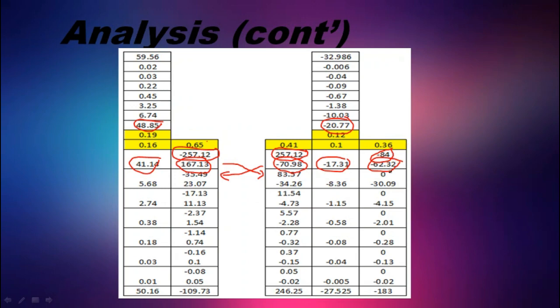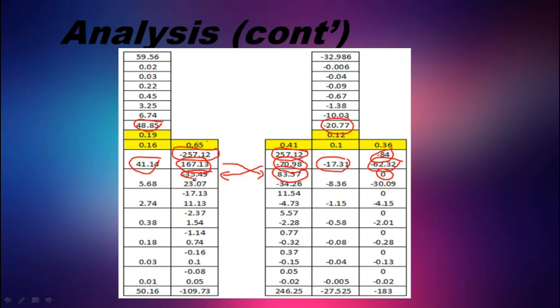Therefore, the carryover will proceed as 0. When these values are carried over to the next, they will be halved, but the notations are kept. If it's negative, it transfers to the other side as negative as well, but it's halved. So negative 70.98 will be negative 35.49. 167.13 will be divided by 2, which is 83.57.